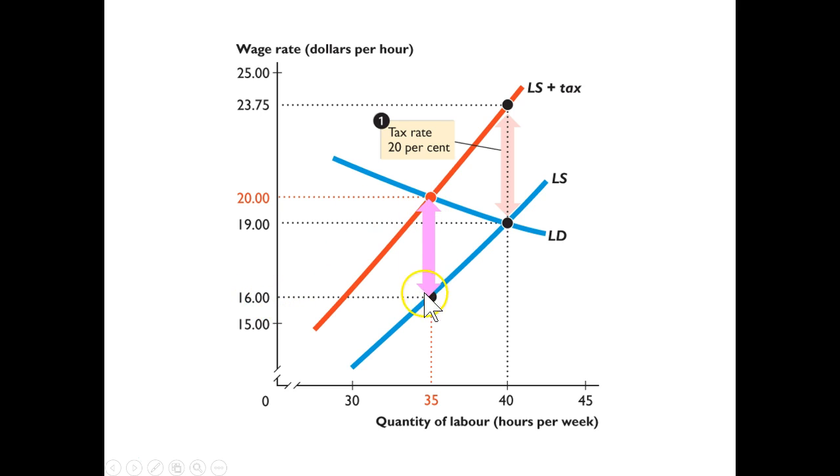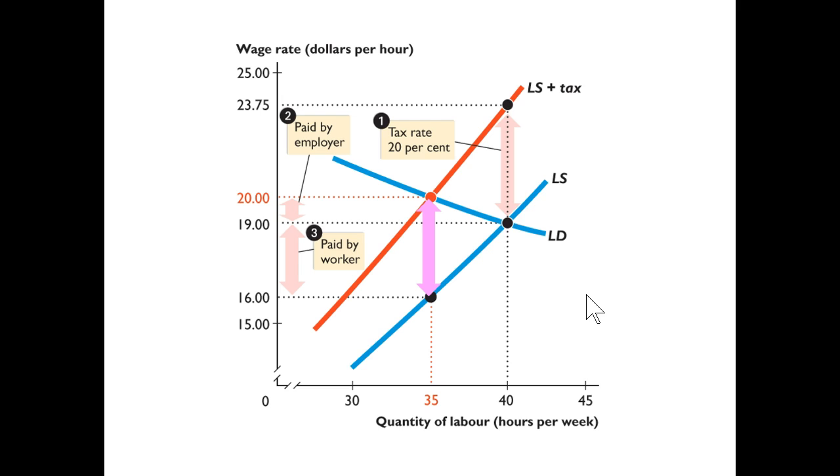Now we know of this tax that's been imposed, some of it is going to be paid by the employers in the form of having to pay higher wages. That's this here. $1 per unit of labour paid by the employers. But the remainder of the tax is going to be paid by the workers.